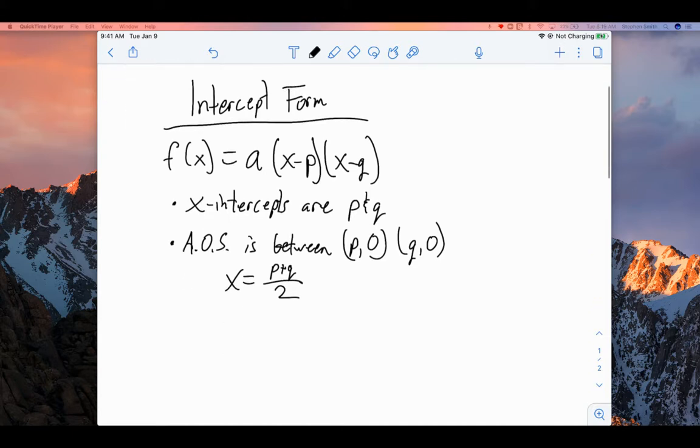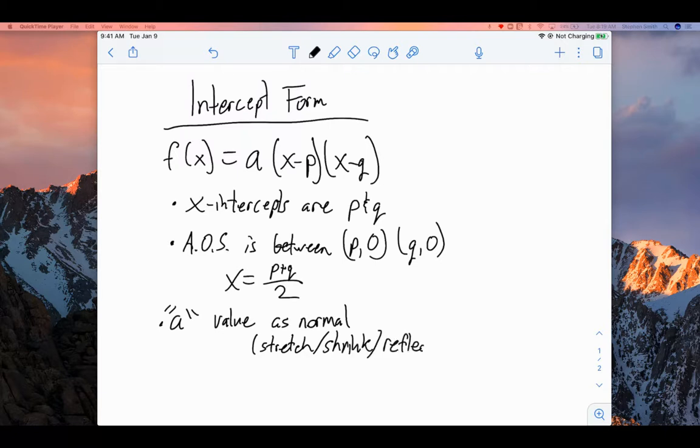And we'll get a little graphic of what that looks like. Okay, the a value, this is again stretches, shrinks, and if it's negative, x-axis reflection. Stretch, shrink, reflect.